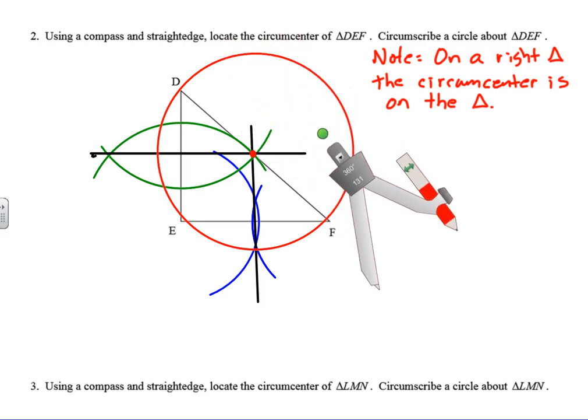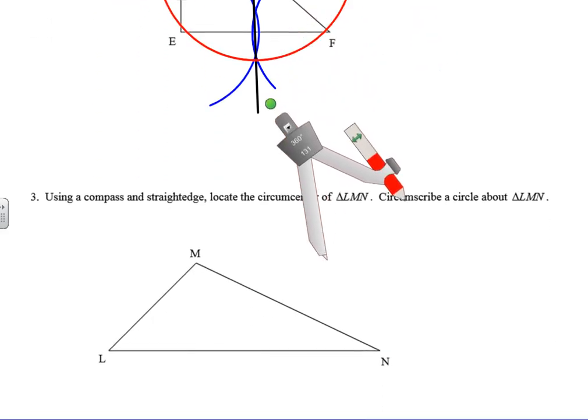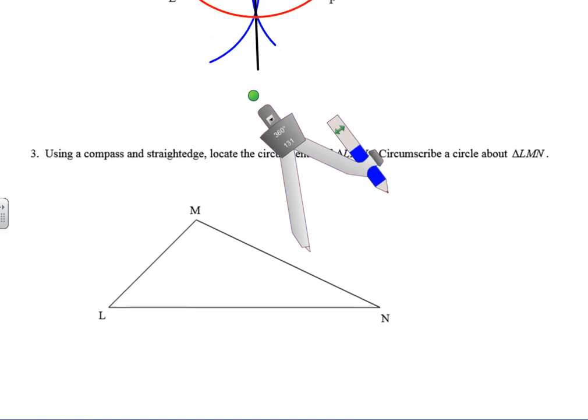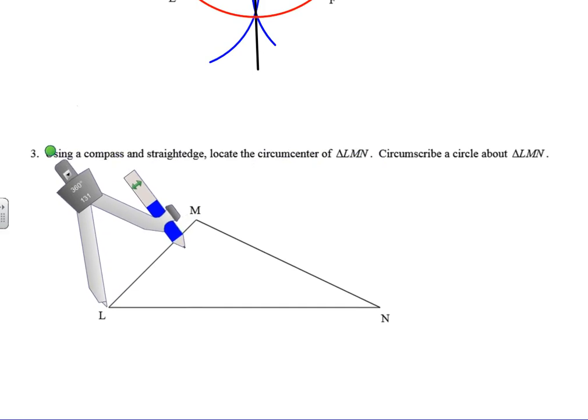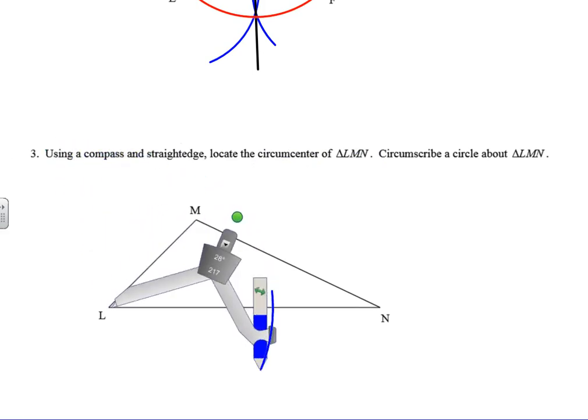Okay, so the same steps though: two perpendicular bisectors, find the point of intersection, open the compass up, and then swing it around. Okay? All right, and we'll do the last one because this one is going to be a little bit different as well. So I'll open it up a little more, perpendicular bisector of this side.